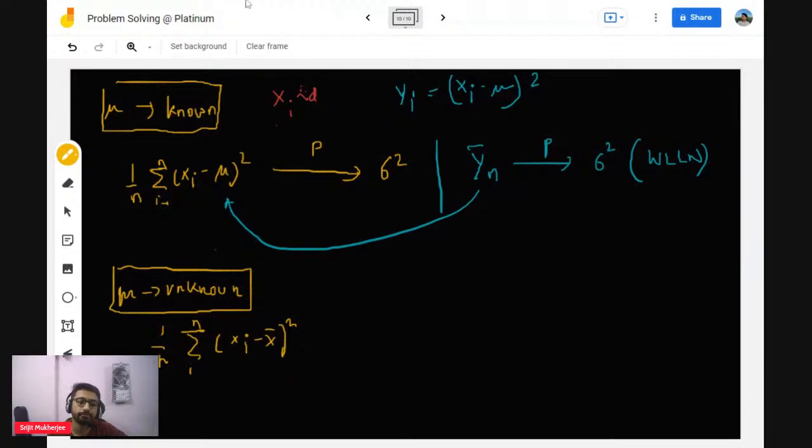How can you show it here? You can write any central moment in terms of raw moments. And sample raw moments are consistent for population raw moments. Then apply the probability theorem. Do you understand what he told?